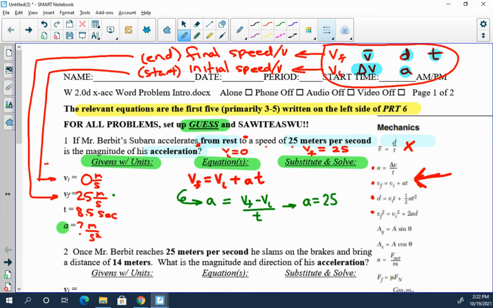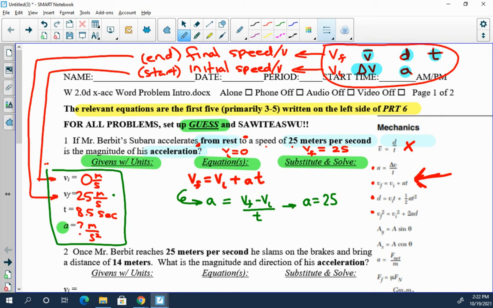25. Now, watch this. This is a favor. This is a gift. If you make a nice complete set of givens with units, thorough, all of them plus their units, then the gift will be you do not need to include the units over here when you solve the problem.